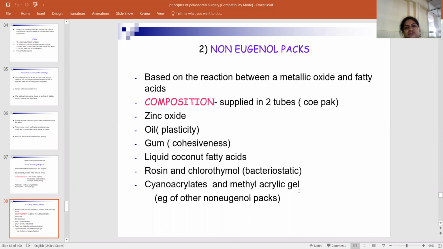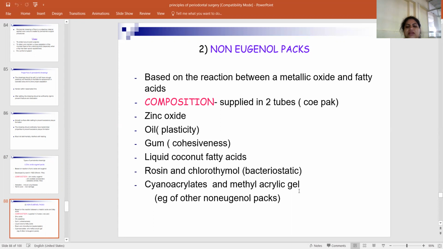Non-eugenol packs are based on the reaction between metallic oxide and fatty acids. Its composition is applied in two tubes. One contains zinc oxide, the principal thing, and the second contains oil of plasticity, gum used for cohesiveness, liquid coconut fatty acids, rosin, and chlorothymol, which acts as a bacteriostatic agent.